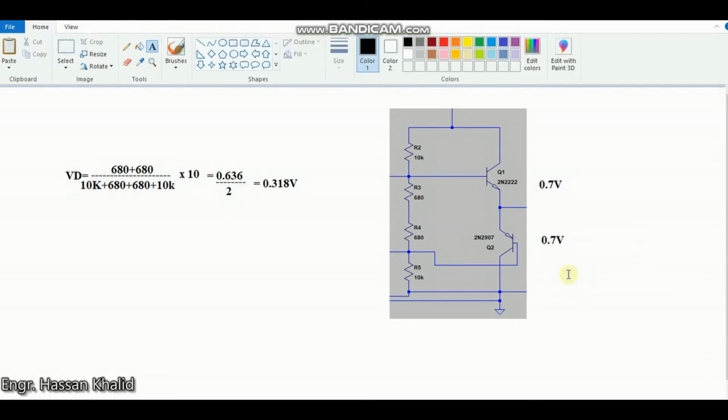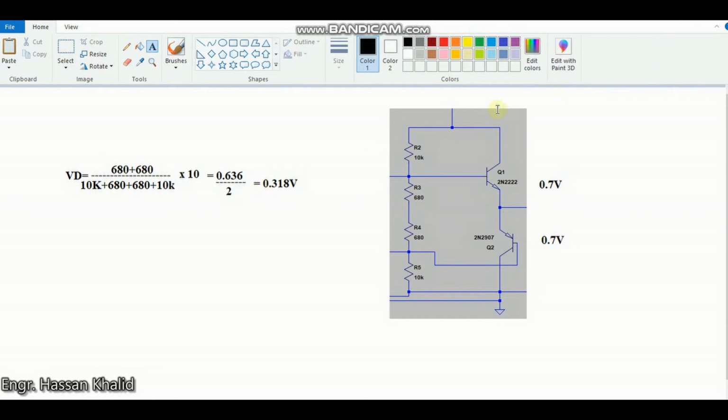So if by some reason we are able to overcome this problem, that means if each of the diodes or transistors is able to receive 0.6 volts, then in that case we will be able to overcome the crossover distortion.